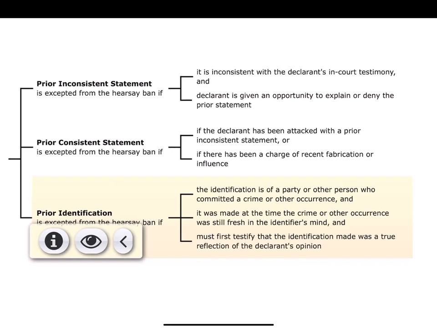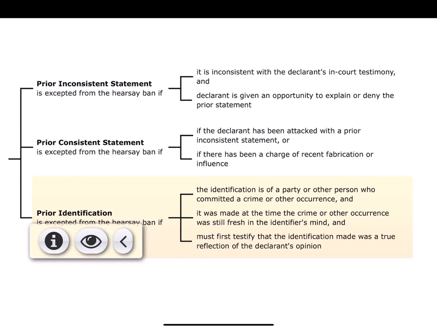If the declarant has been attacked with a prior inconsistent statement, and that's exactly what happened here. Defense counsel attacked her credibility by getting her to acknowledge that she had made a prior inconsistent statement. So now prosecution is attempting to rehabilitate using a prior consistent statement with the signature on that photograph.